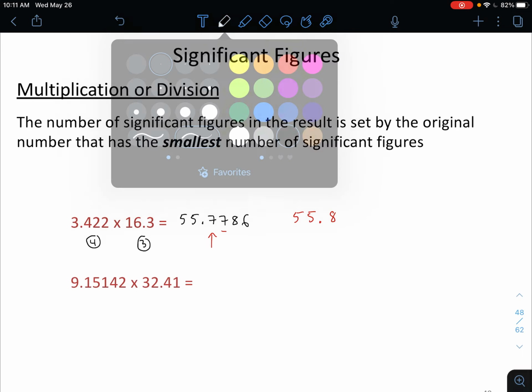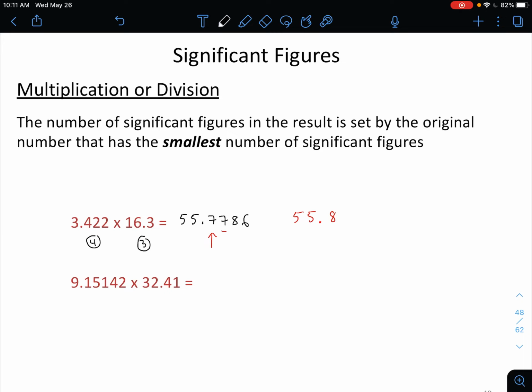Okay, the next one, let's see what the calculator gives me first. 9.15142 times 32.41. Lots of digits here. 296.597522. So we really wouldn't want someone reporting our answer like that, right?